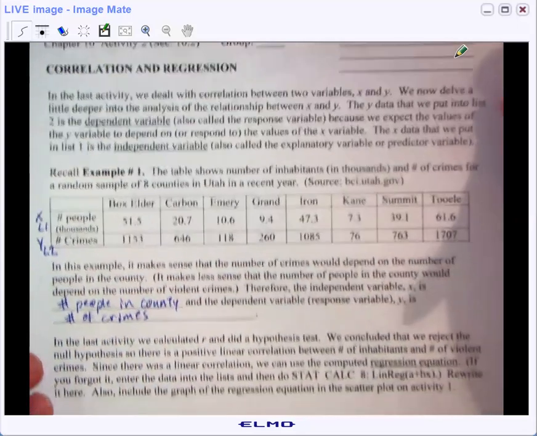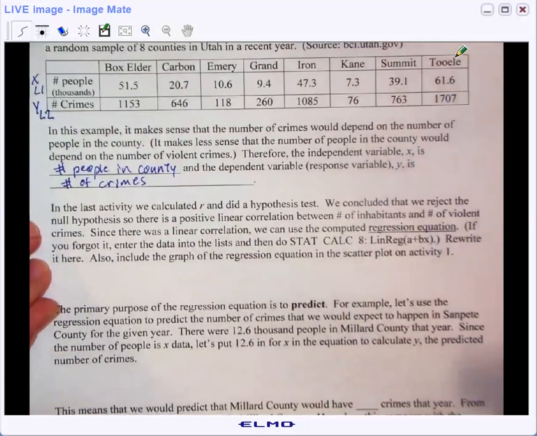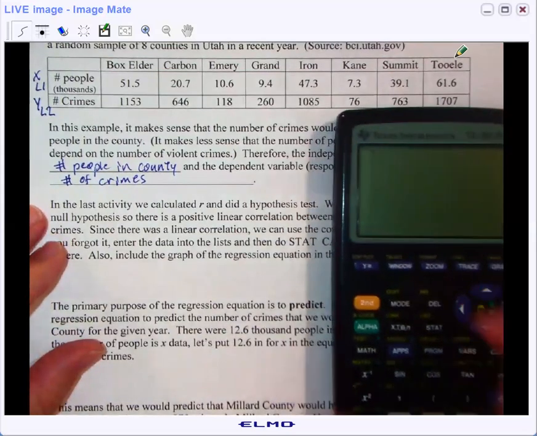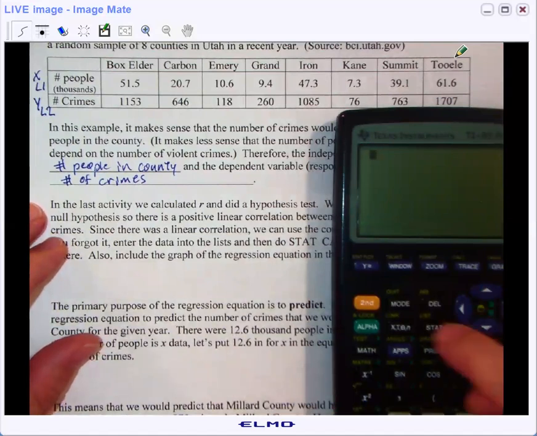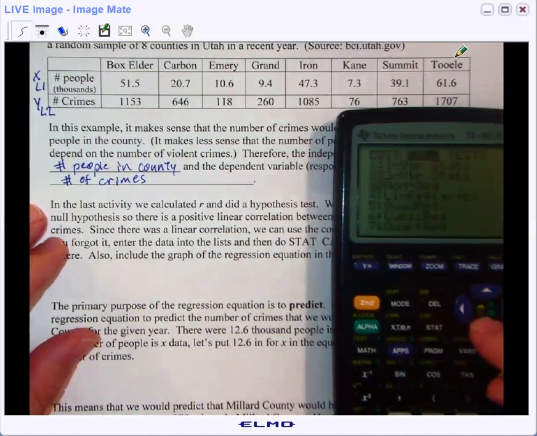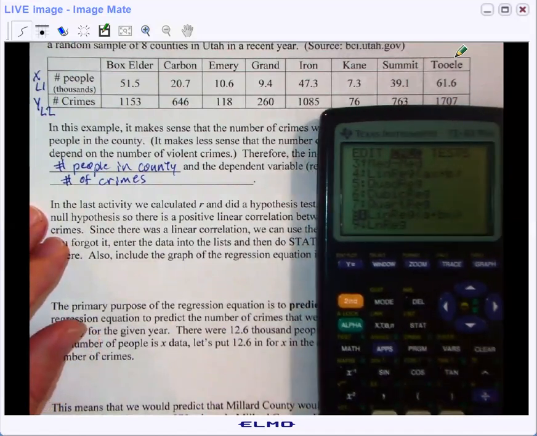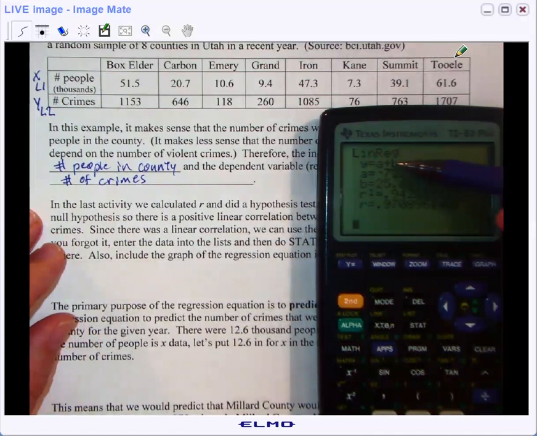In our last activity, we took this data and ran a hypothesis test on it and found out that yes, there was linear correlation. So let's remember the regression equation. If we go to stats, calculate, and then use option number 8, LinReg A plus BX, with my data in list 1 and list 2, the X data in list 1 and Y data in list 2, it will come back and tell me that Y equals A plus BX, where A is negative 72.87 and B is 25.82.